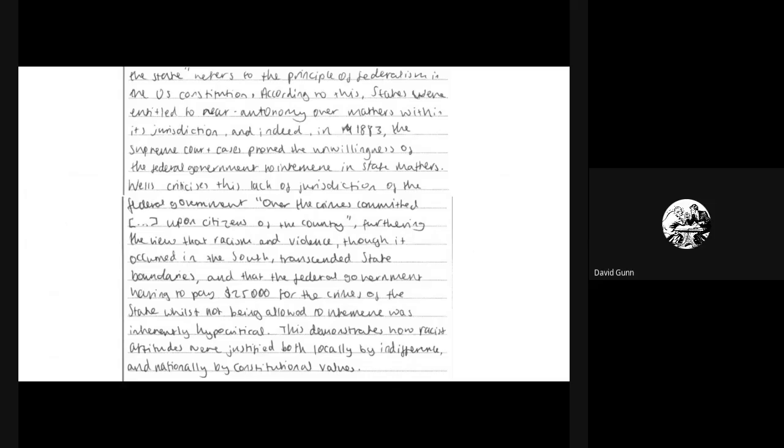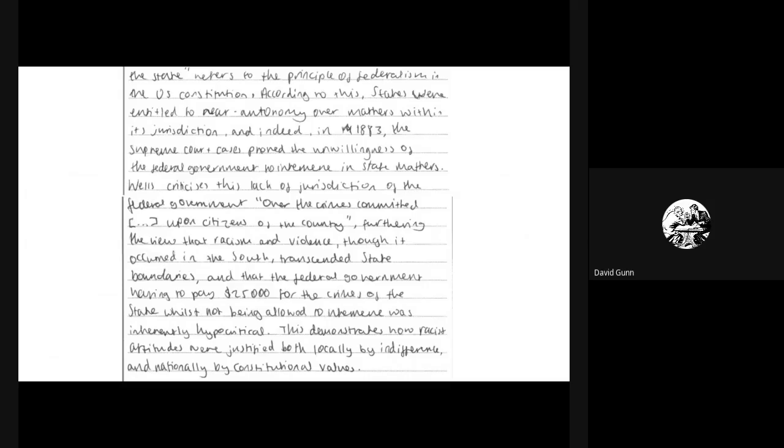So it's giving own knowledge, it's engaging with the content of the source, furthering the view that racism and violence, though it occurred in the South, transcended state boundaries, and that the federal government having to pay $25,000 for the crimes of the state whilst not being allowed to intervene was inherently hypocritical. So that's the key aspect of this, isn't it, that Ida B. Wells is focusing on. This demonstrates how racist attitudes were justified both locally by indifference and nationally by constitutional values.